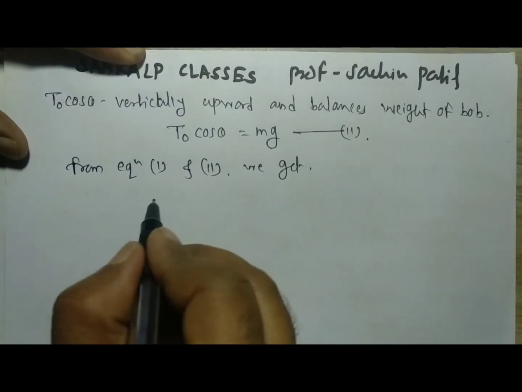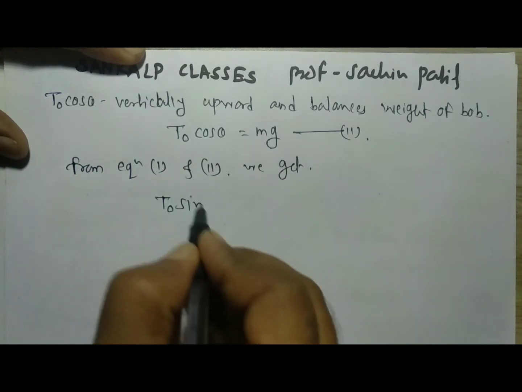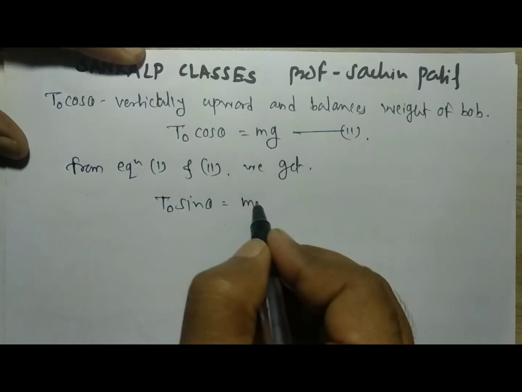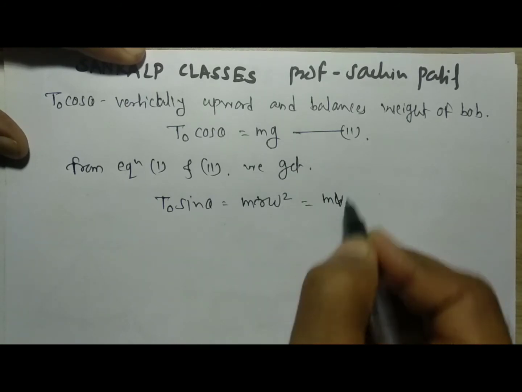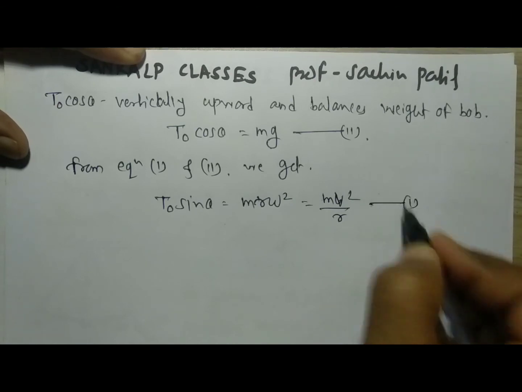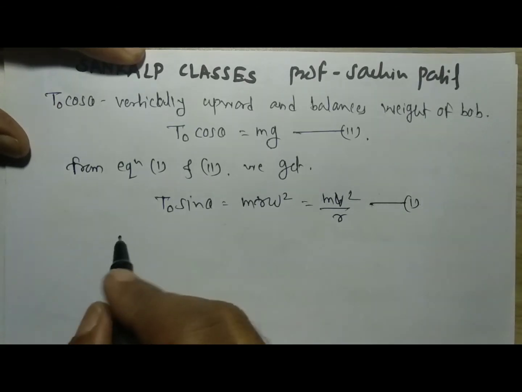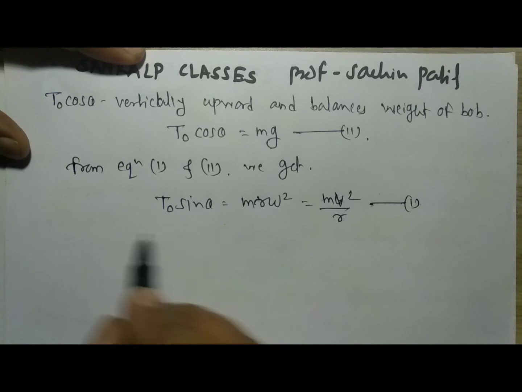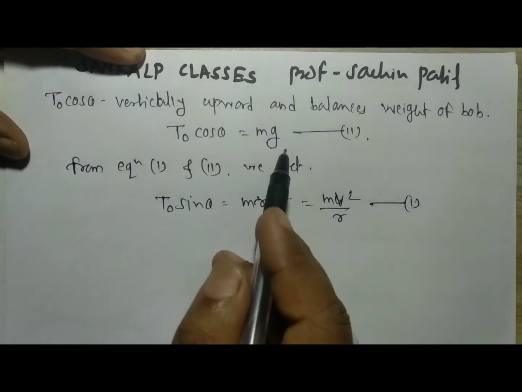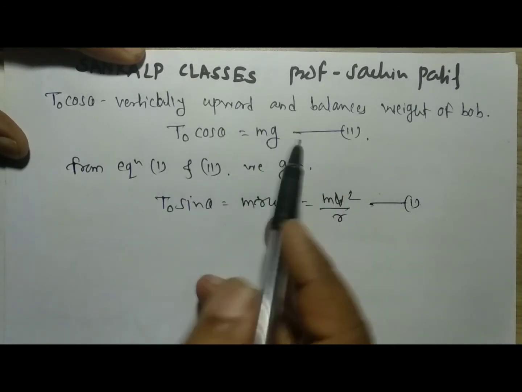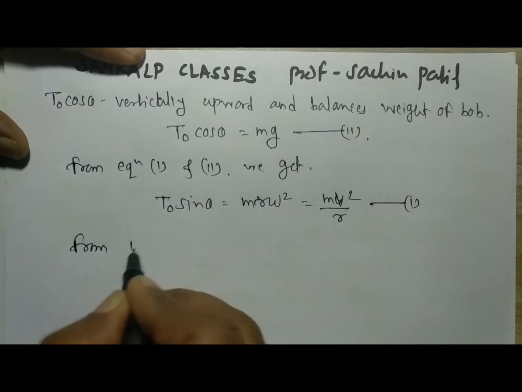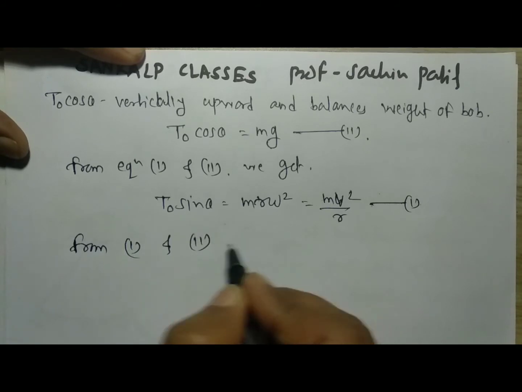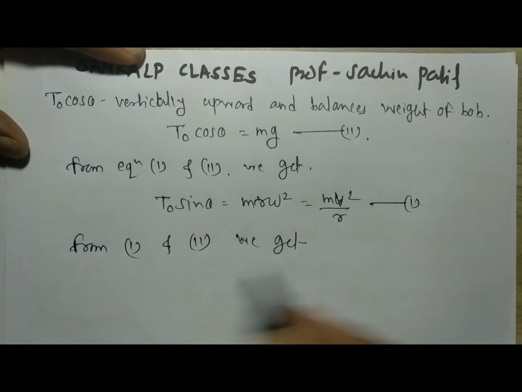We know that equation 1 is T0 sin theta equal to m r omega square, or also m v square divided by r, and equation 2 is T0 cos theta equal to mg. From these two equations, we get omega 0.